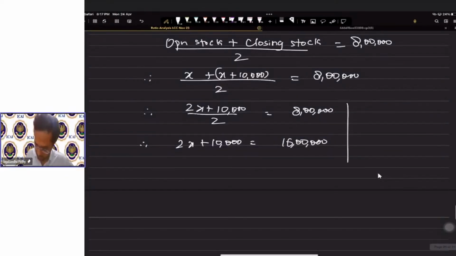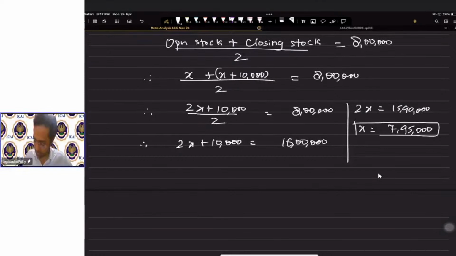And finally, we can say 2X is now 15 lakh 90,000, right? And then X is 15 lakh 90,000 divided by 2, which is 7 lakh 95,000. Now this 7 lakh 95,000 is your opening stock.